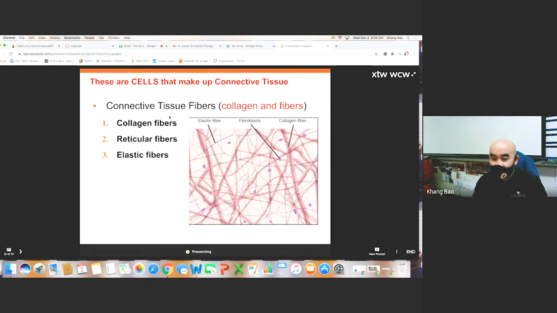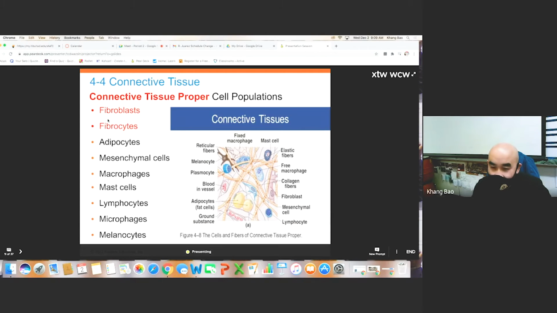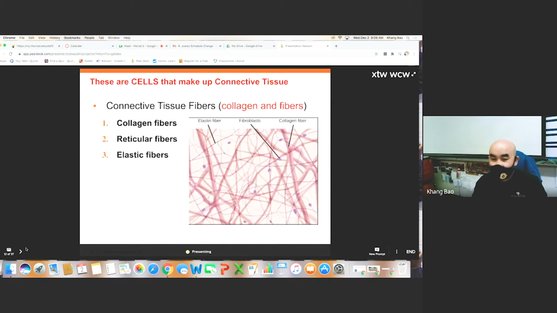And what are the different types of fibers that we have in the connective tissue? And again, fibers are produced by fibrocytes, cells that produce fiber. And fibroblast is what keeps all these together. You have collagen fiber, which is collagen pretty much, reticular fiber and elastic fiber. So how are they different?